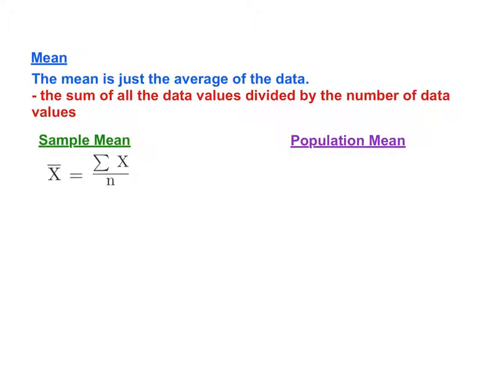For the population mean, it's essentially the same, but there's going to be two different symbols that you haven't seen before. Okay, this is a Greek letter, lowercase mu, mu. So for those of you who might be in Mu Alpha Theta, that's that, mu. Again, sigma x, the sum of all the x's, and now the number that you divide by is a capital N, and that N represents the total number of values in the population.